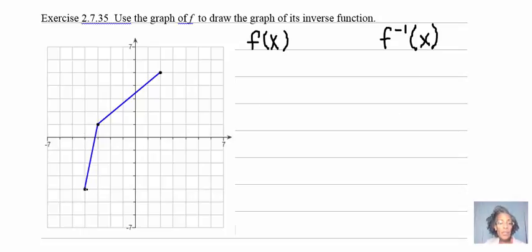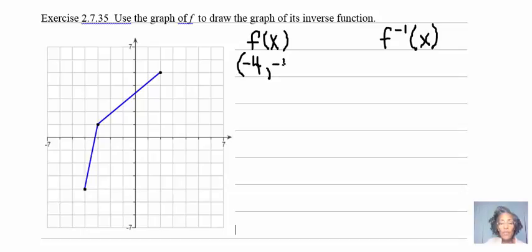So we see here that there are a number of points that we can determine on this function. Let's look at this lower point whose x-coordinate is negative 1, 2, 3, 4, and whose y-coordinate is negative 1, 2, 3, 4. So this is a point on the function f.